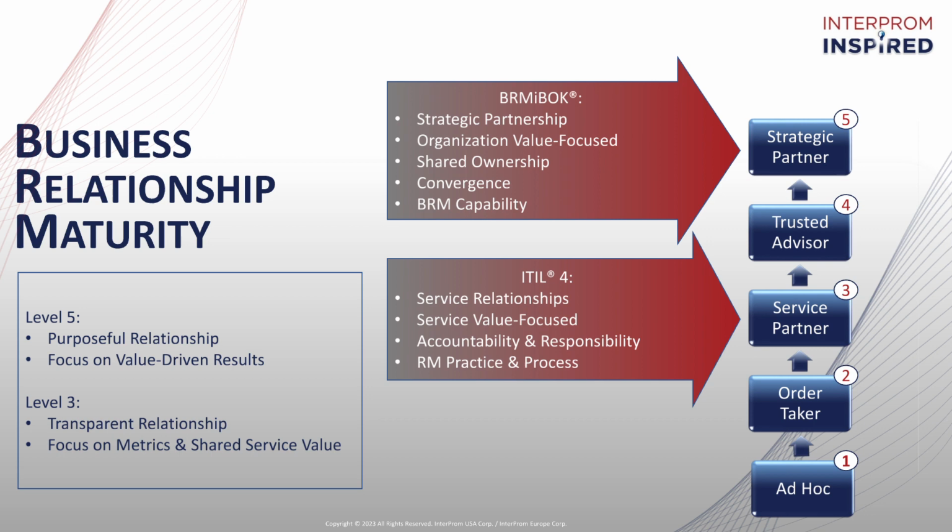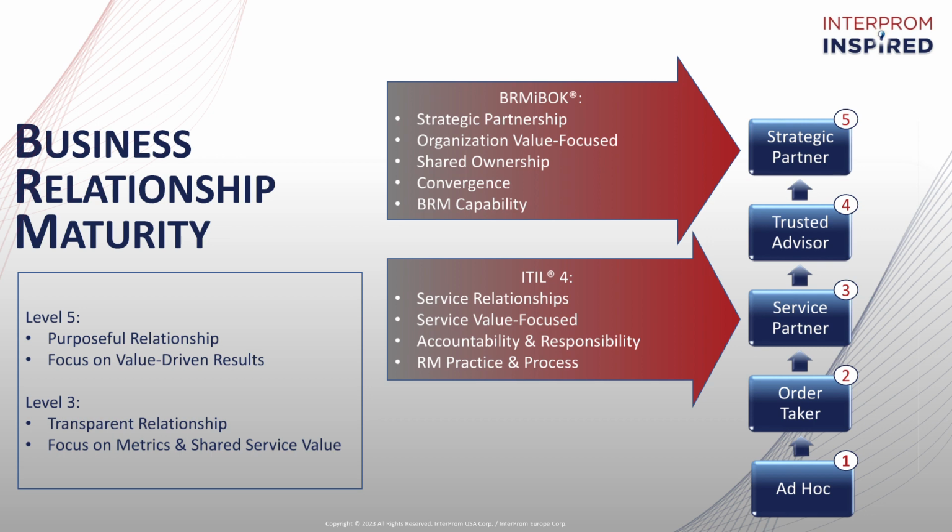So taking into account what we just talked about, you see that ITIL 4 definitely can help us to get to level 3 relationships, maturity of relationships, enormously helpful. Yes, so let's not forget about that. But to get to a level 5 relationship, we definitely need to leverage and benefit from what the body of knowledge of the BRM Institute has to offer when it is about sharing ownership or when it is about convergence.